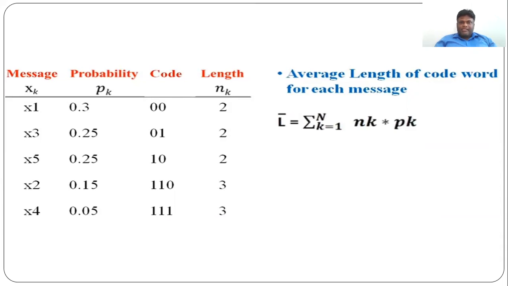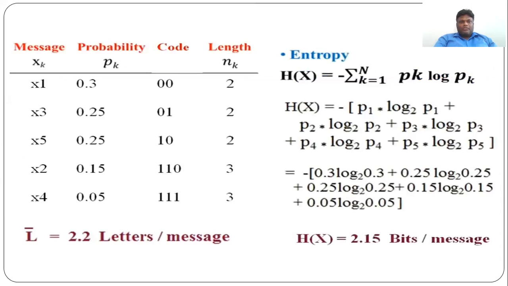Okay, probability is already given in the problem itself, and the length of the code word you have found now. Okay, so you have to multiply the corresponding length and its probability for all the messages, and you have to add it up together. Okay, so that gives your average length of code word. Okay, so if you calculate, you'll get the value as 2.2.